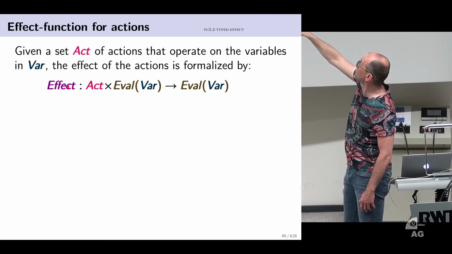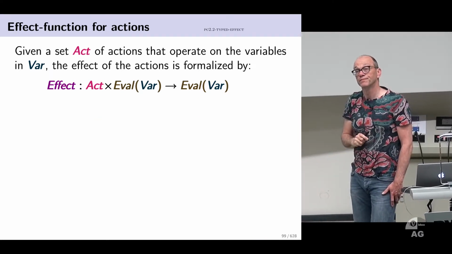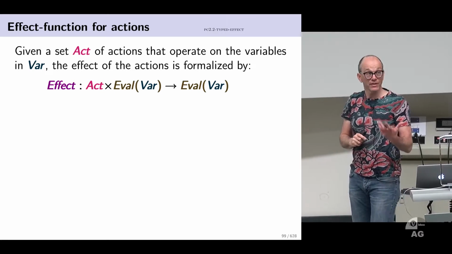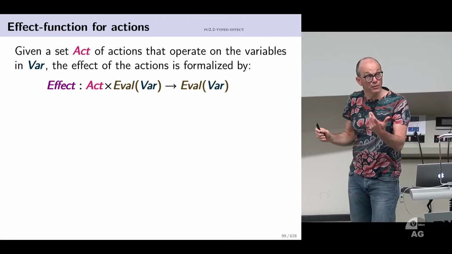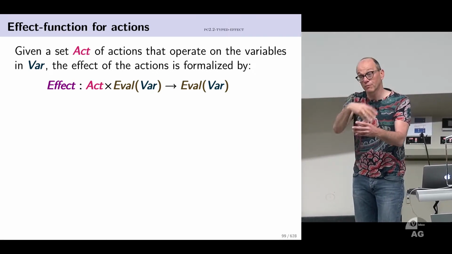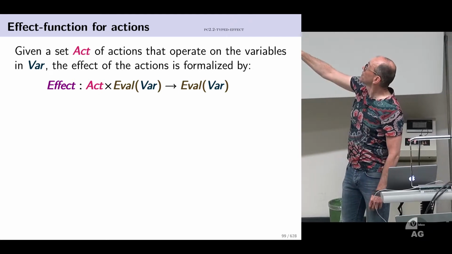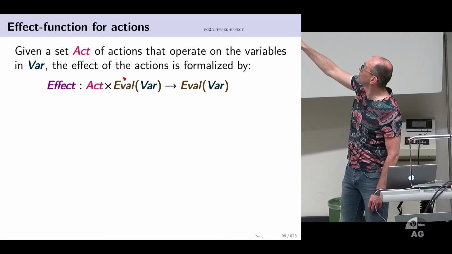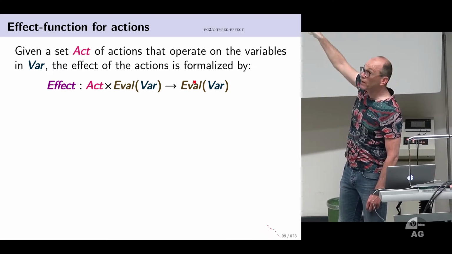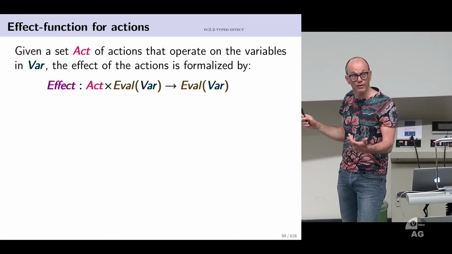Then the effect function is going to tell you the new value of all the variables. Mathematically speaking, this is a function. Remember, the values of all the variables are given by a function mapping variables to values. Yeah? This is an assignment. So this function Effect takes an action, an assignment, plus a function and gives you back a function, namely a function assigning a value to all the variables in your program.